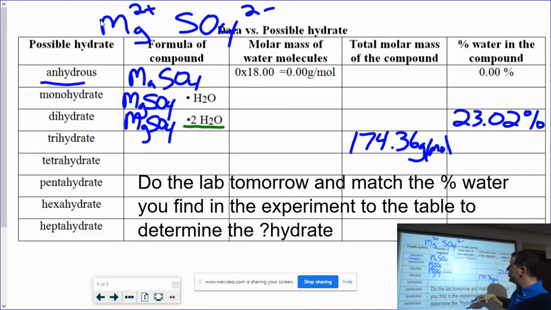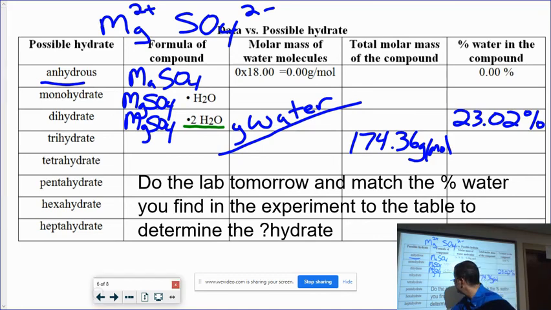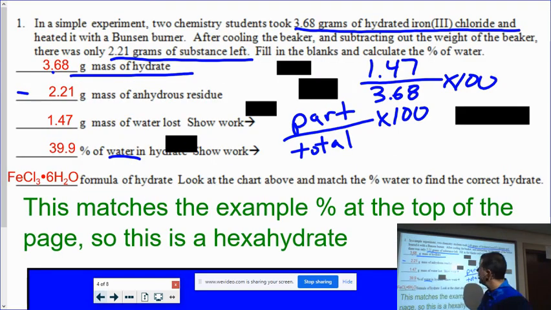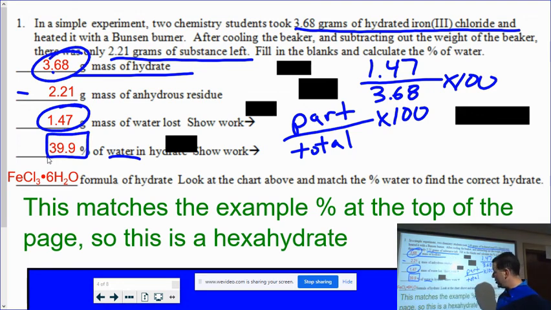Then we'll find that percent. You'll take the grams of water and divide it by how much you started with, just like we did on this first page. So if we go back, how did we calculate this percent water? We took the mass of the water and divided it by the whole thing times 100. That's how we found the percent water.